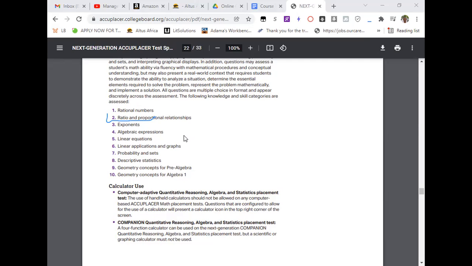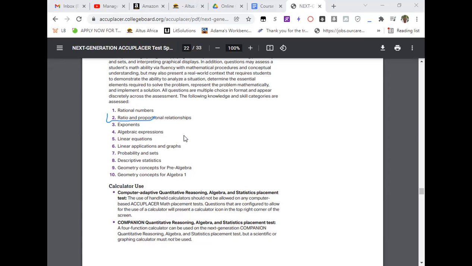Number 5, we have linear equations, how to describe a function in terms of graphs. This is the equations of lines, how to find them, how to identify the slope, how to identify the y-intercept and the meaning of those.